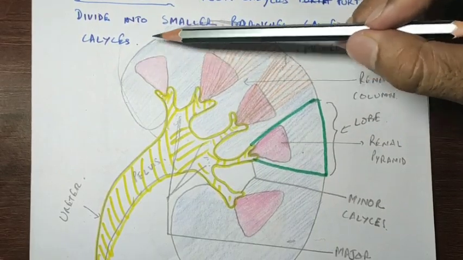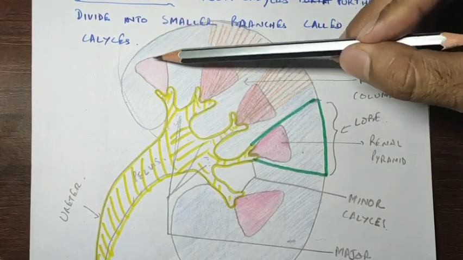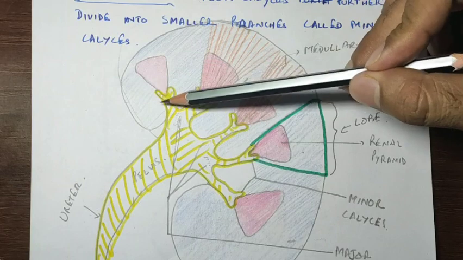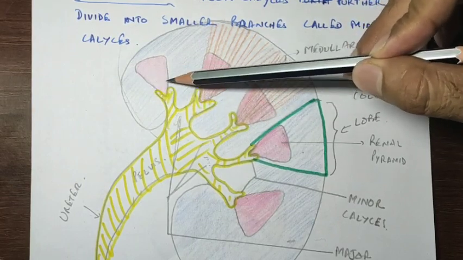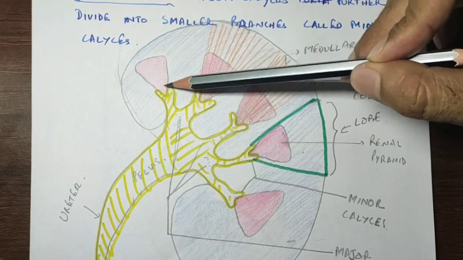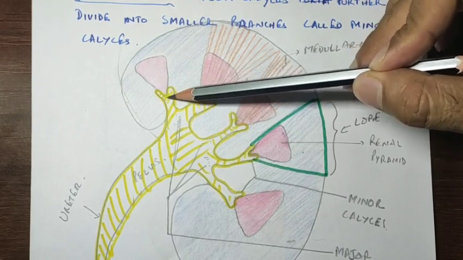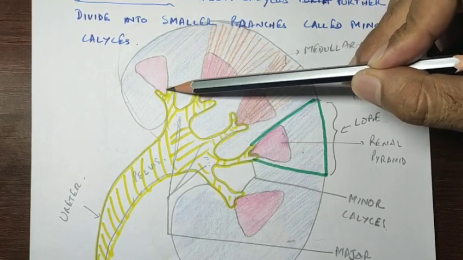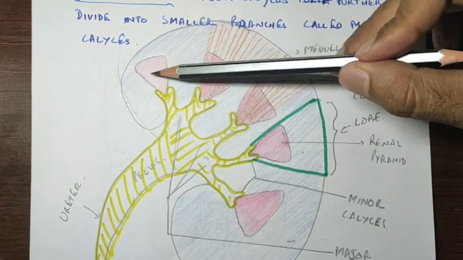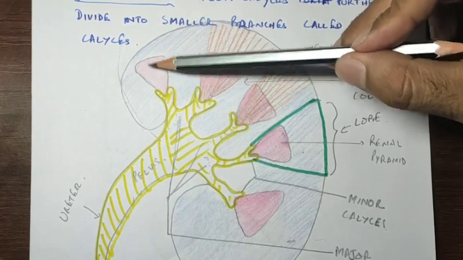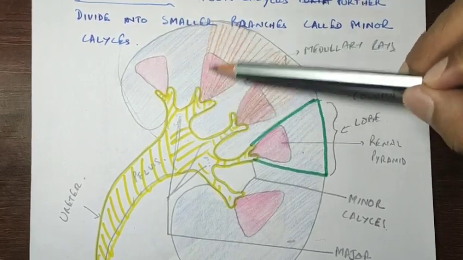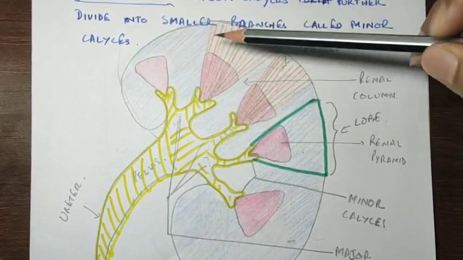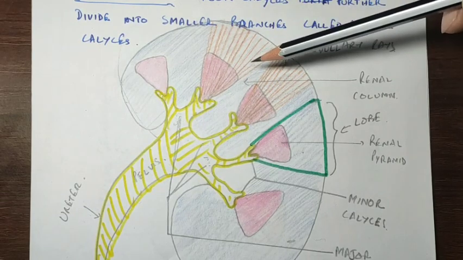The triangle has its base towards the cortex of the kidney, and the tip or the apex of the triangle, which is also called the renal papilla, snuggles into the minor calyces. It hangs over the minor calyces. So this is also not the filtering part. We are still talking about the collecting part. And these striations that we are referring to are nothing but the collecting ducts.